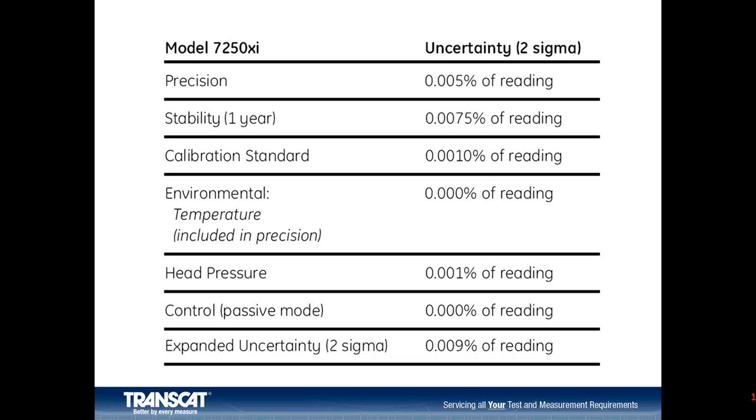For example, the precision number is listed as 0.005% of reading. Long-term stability allowance for 1 year, 0.0075% of reading. Calibration standard. This is an uncertainty in the parent standard that represents that upper part of the chain that we just talked about. And a few other ancillary items that might be important to a measurement process if you use this tool in your calibration.